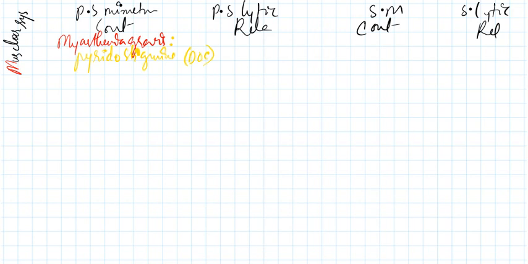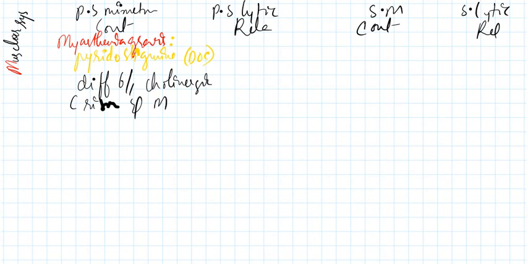Now if you ask me, parasympathomimetic drugs are also used to differentiate between cholinergic crisis and myasthenia gravis.